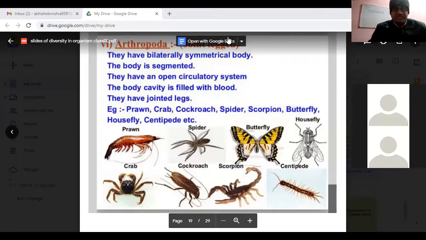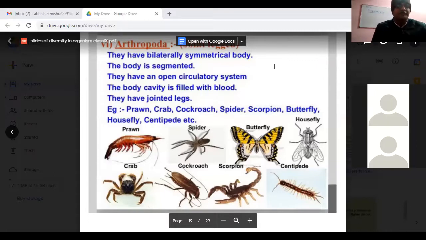Okay, Vinayak, I have given you the option to unmute yourself. Vinayak, you tell me two important features of Arthropoda. Even the features are visible on the screen also.